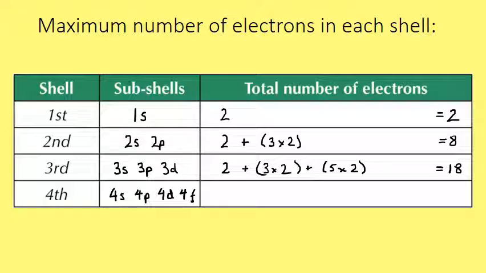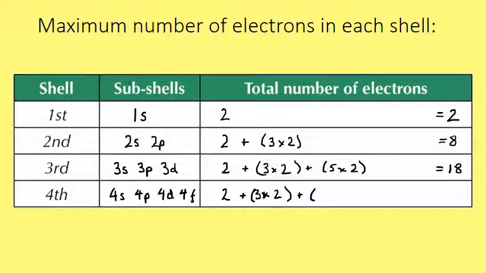Okay, so let's just work through that again. I think I've got space if I do it nice and neatly. So we've got the 2 electrons in the 4s subshell, in the 4s orbital, and in the same way we have 3 4p orbitals, 2 electrons in each.